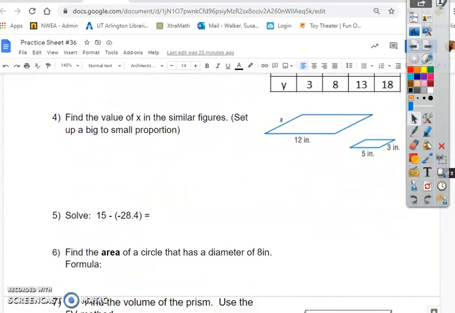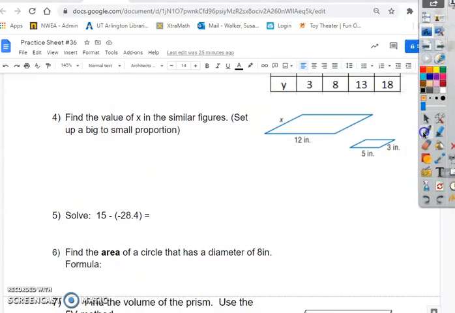Number 4, find the value of x in the similar figures. This is very important, guys. We need to know how to find the missing side of similar figures. If you remember, I usually do however I see it. In this case, it's big to small. What do I know on the big?